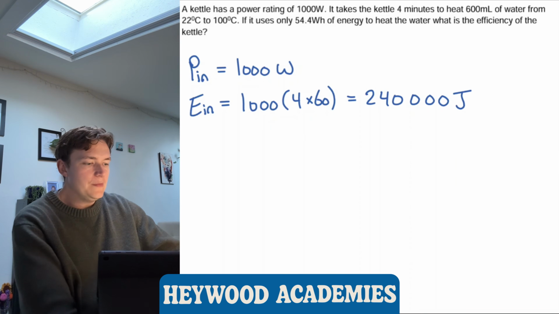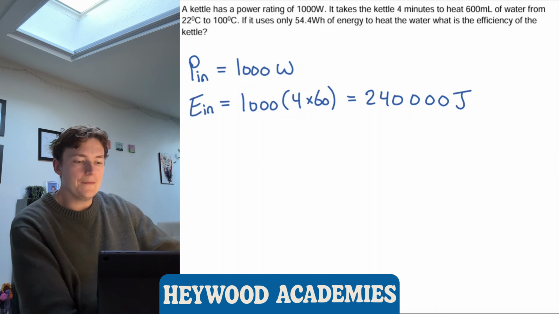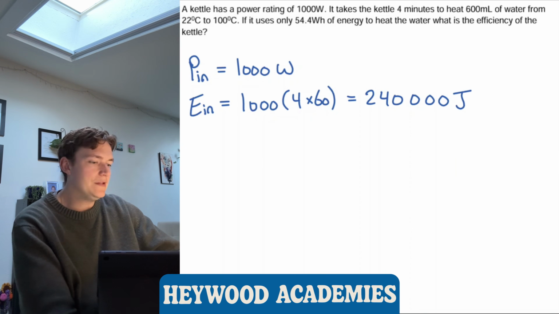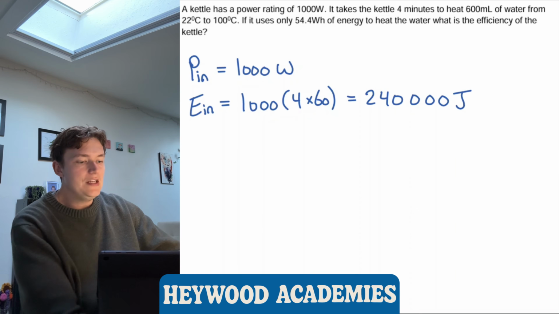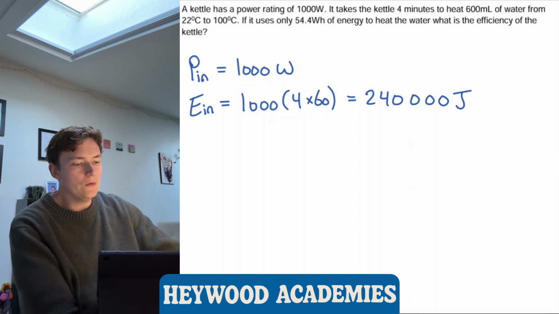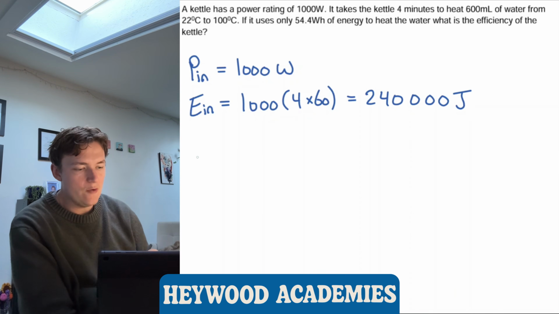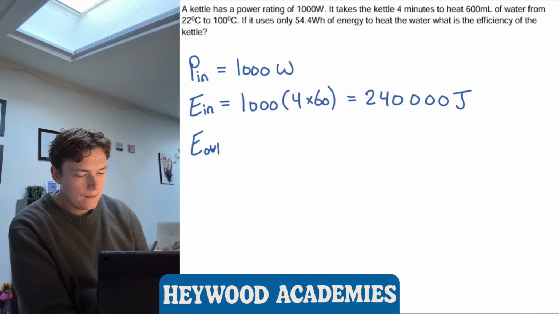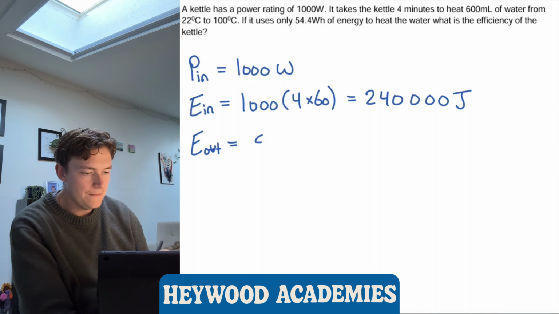Then it tells us some information about heating the water from 22 to 100 degrees Celsius with 600 milliliters. We don't actually need to use that information because they told us that the energy output of the kettle is 54.4 watt hours of energy.